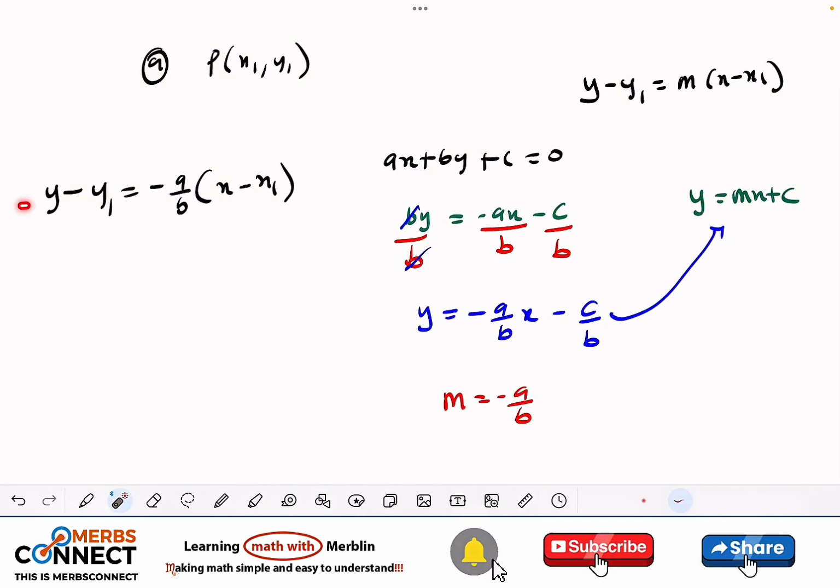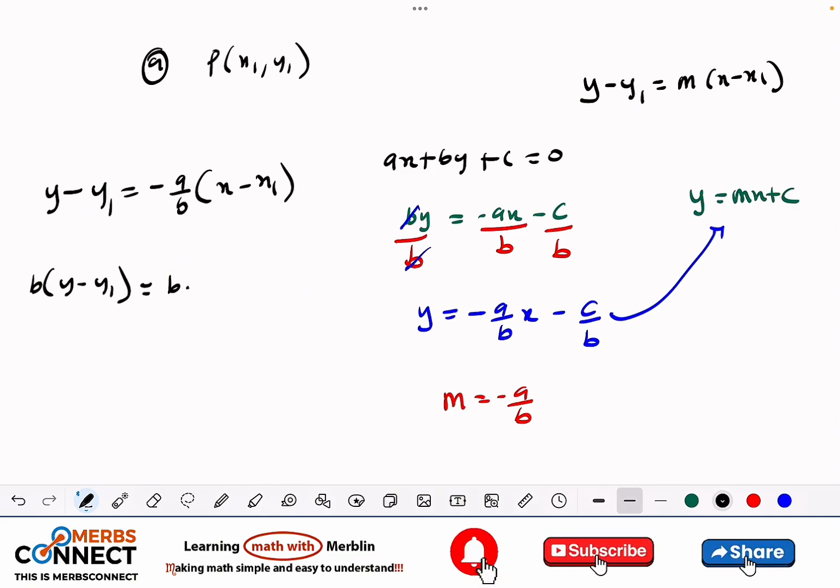So let's go through. I'm going to multiply through by b, the left by b and the right by b. So I'm going to have b times y minus y1 equals b times minus a over b times x minus x1.